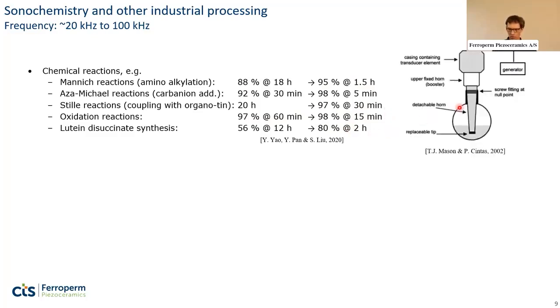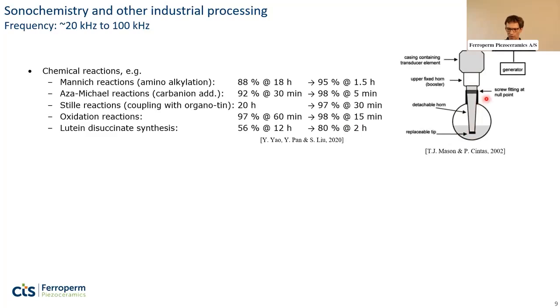And this is how it may look. In practice, you have a reaction mixture down here. Then you attach the ultrasonic horn, and you see the transducer is up here, and the vibration is transferred through this mechanical arrangement, and then the sound energy is really transmitted into the reaction container here.